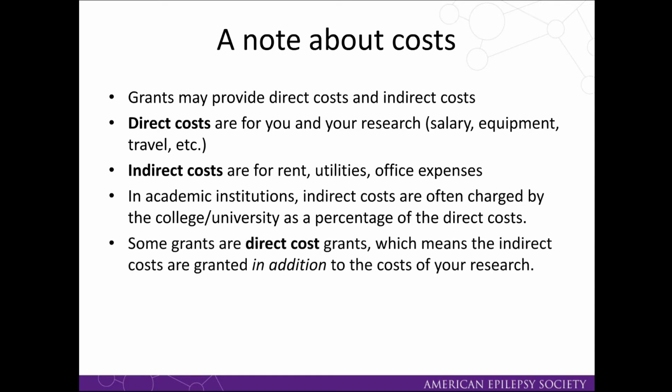Be careful, because sometimes you get grants that are direct cost grants. So you're applying for $1 million, and they give you $1 million, and then all the indirects go on top of that. So NIH grants are like that.